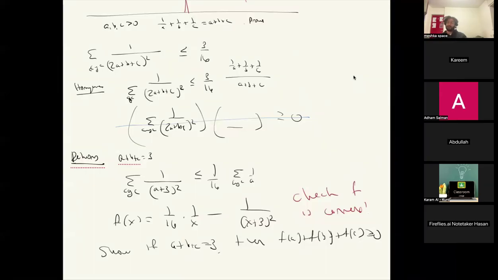So what did we do here? We did some tricks to really turn this into a single variable function, a single variable optimization problem. Does it make sense? Do you guys understand this argument?